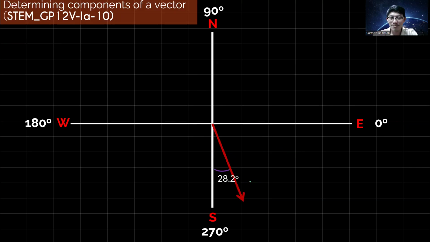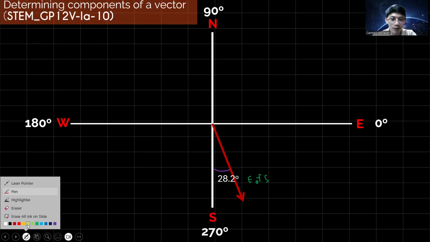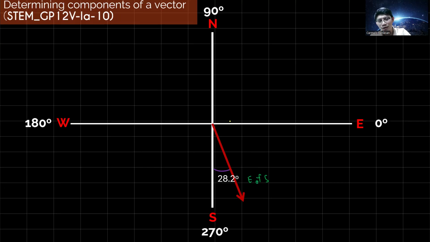Good. Let's have an example. Let's assume this is 28.2 degrees. So we know this is east of south because that's coming from the south going to the east. But again, when we discuss later on the addition of vectors, we are going to use the standard angle. Good? So what do you think is the value of the standard angle?